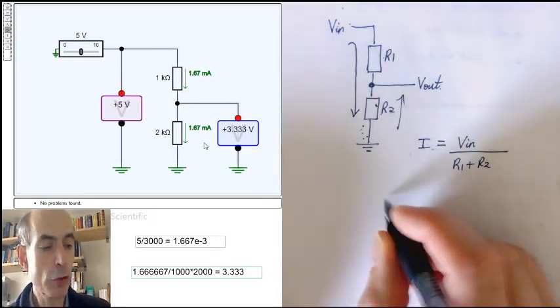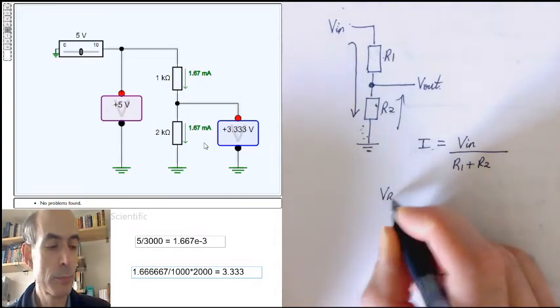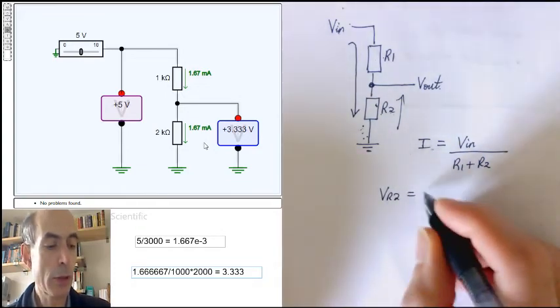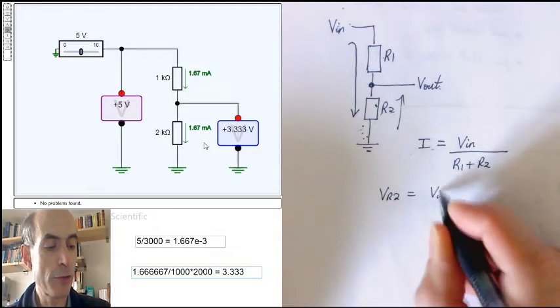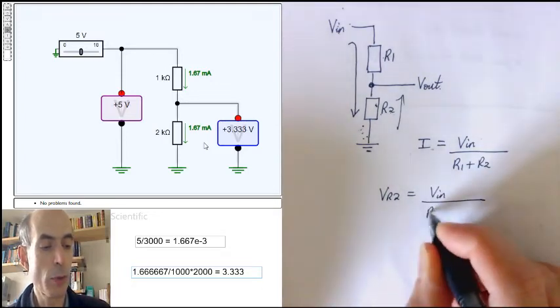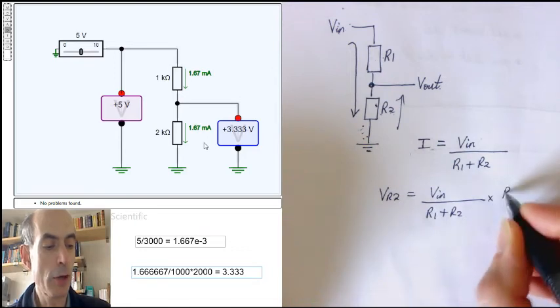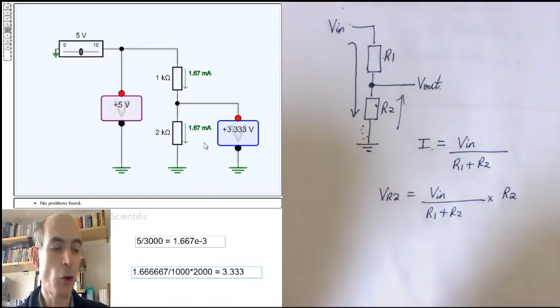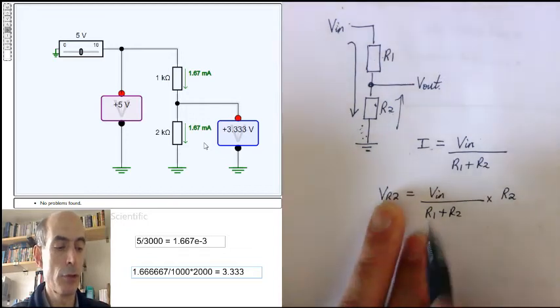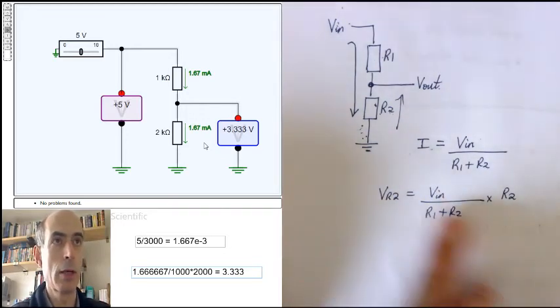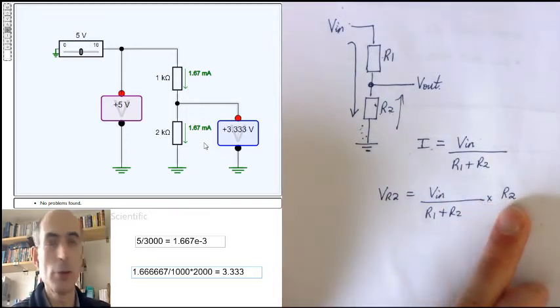The voltage across R2 will be the current, which is in this case V in over R1 plus R2, multiplied by the value of R2. It's just Ohm's law again. Delta V equals I times R.